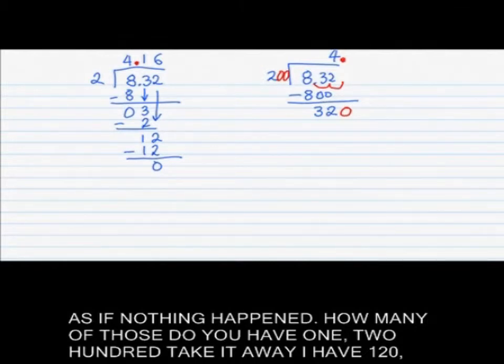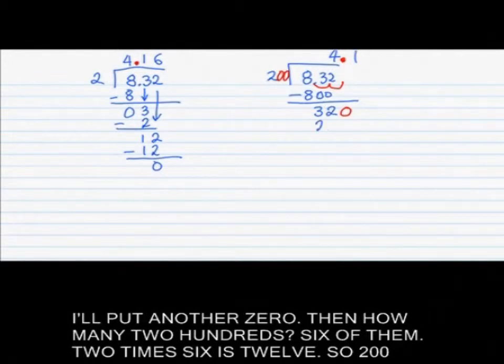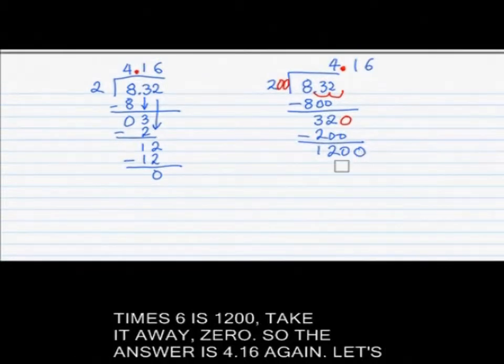Take it away. I have 120. I'll put another 0. Then how many 200's? 6 of them. 200 times 6 is 1200. Take it away, 0. So the answer is 4.16 again.